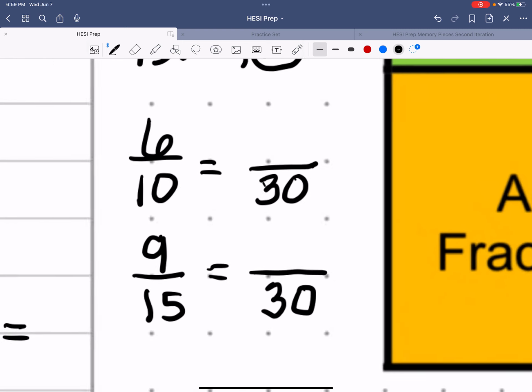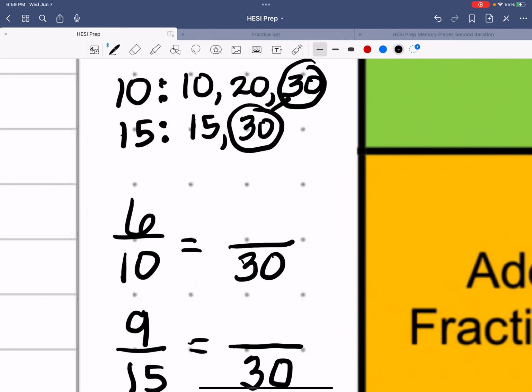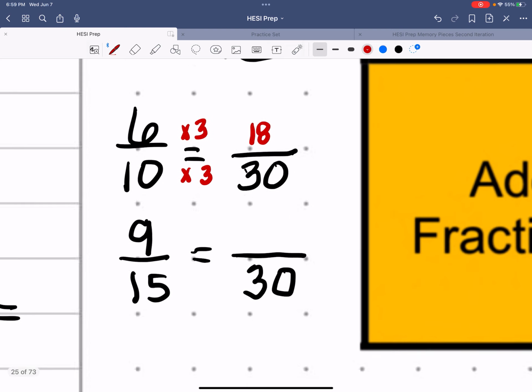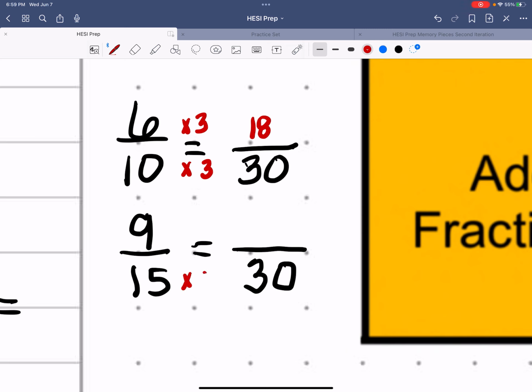And then we have to build them up to use that common denominator. So 10 times 3 is 30. 6 times 3 is 18. 15 times 2 is 30. 9 times 2 is 18.